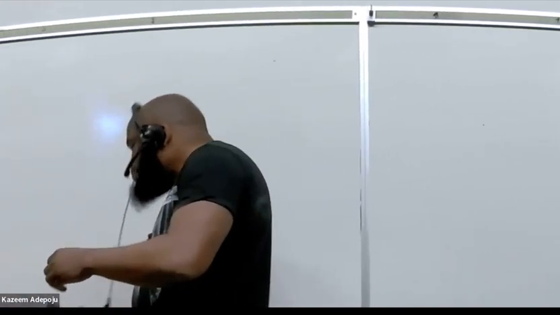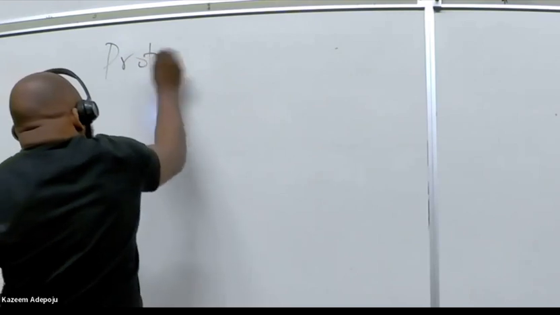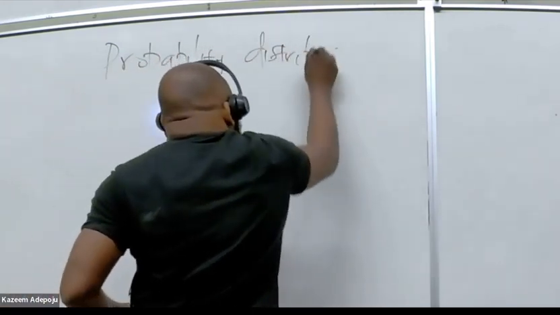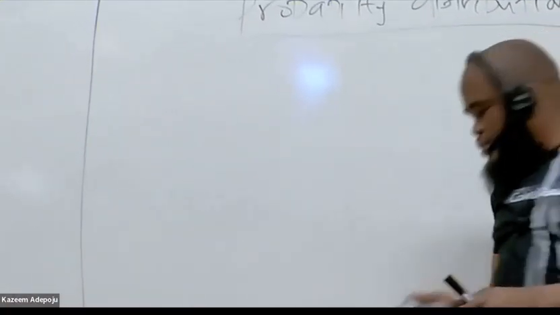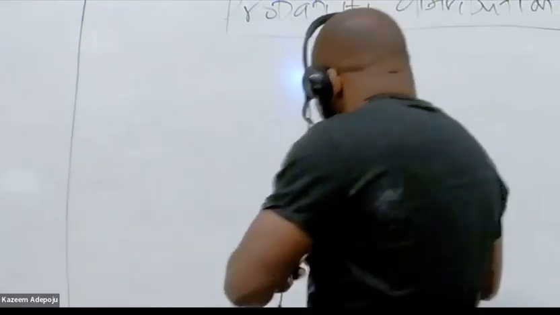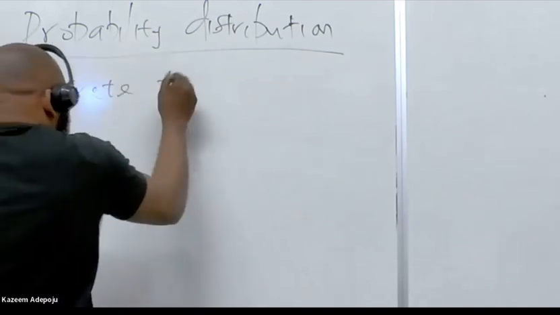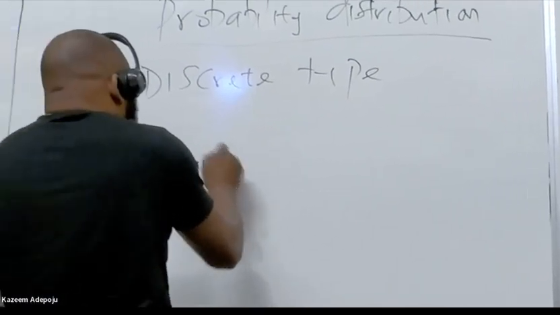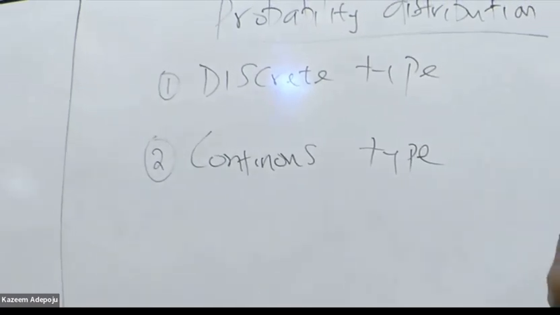As far as probability distribution is concerned, we got two types. Number one, we got discrete type, and we got continuous type.